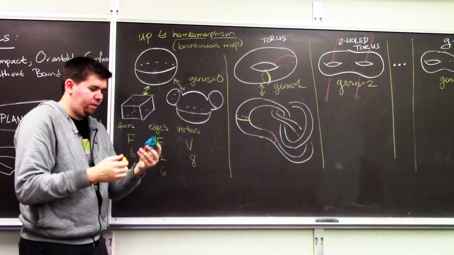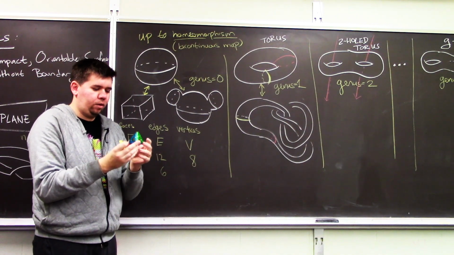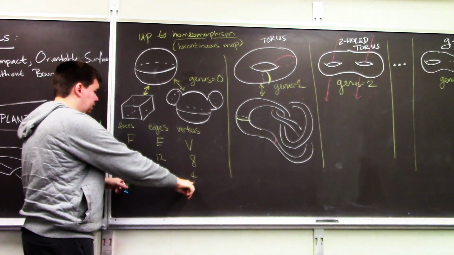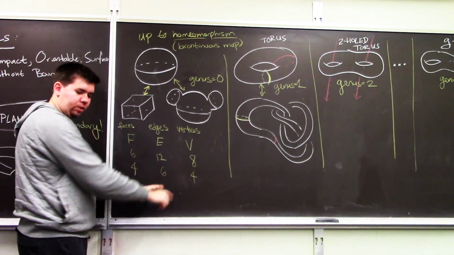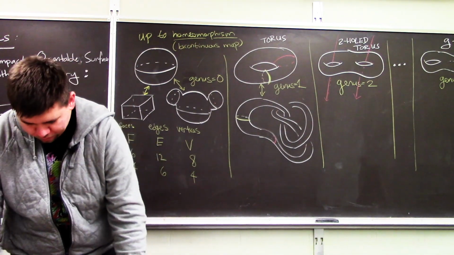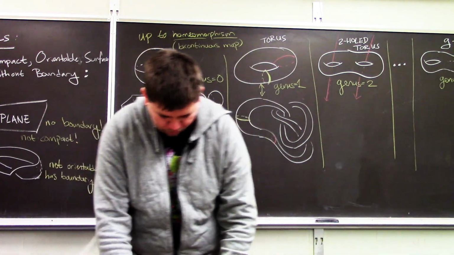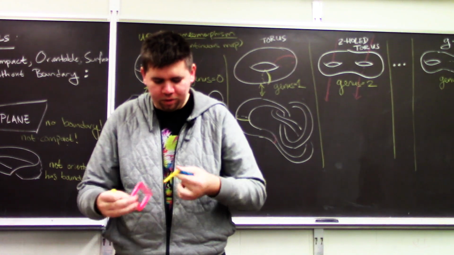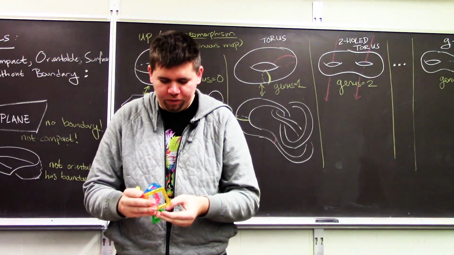We have how many vertices? 3, 4. Again, the faces plus vertices is 2 more than the number of edges. And he says, build whatever you want. Get creative. And whatever you build will have this property, as long as it's homeomorphic to a sphere.